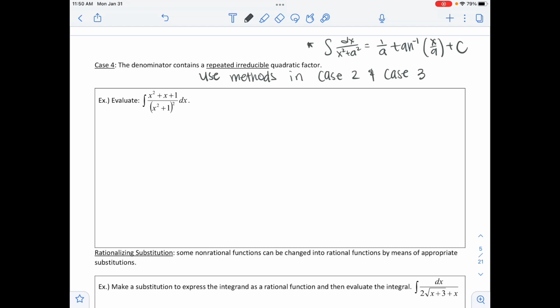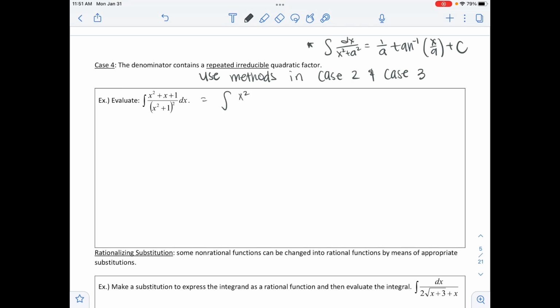And so for this method, for case 4, we're going to be using the methods that we discussed in case 2 and case 3. So the example says to evaluate the integral of x squared plus x plus 1 all over x squared plus 1 squared. And so for this, I'm going to think a little outside the box. I'm going to rewrite this a little bit differently.